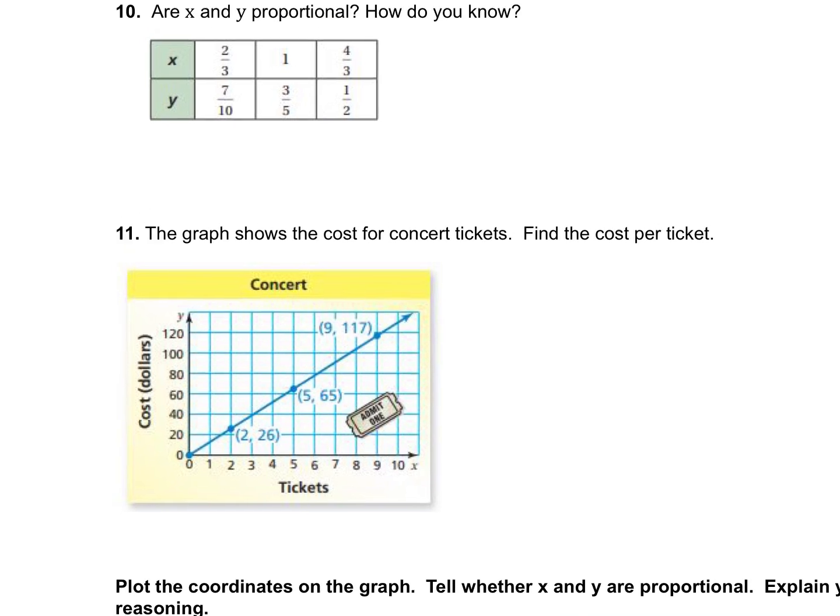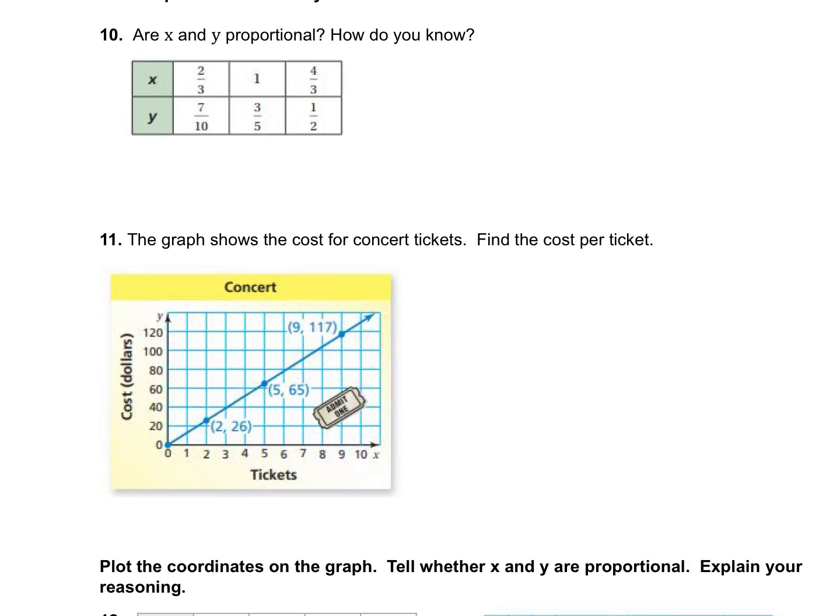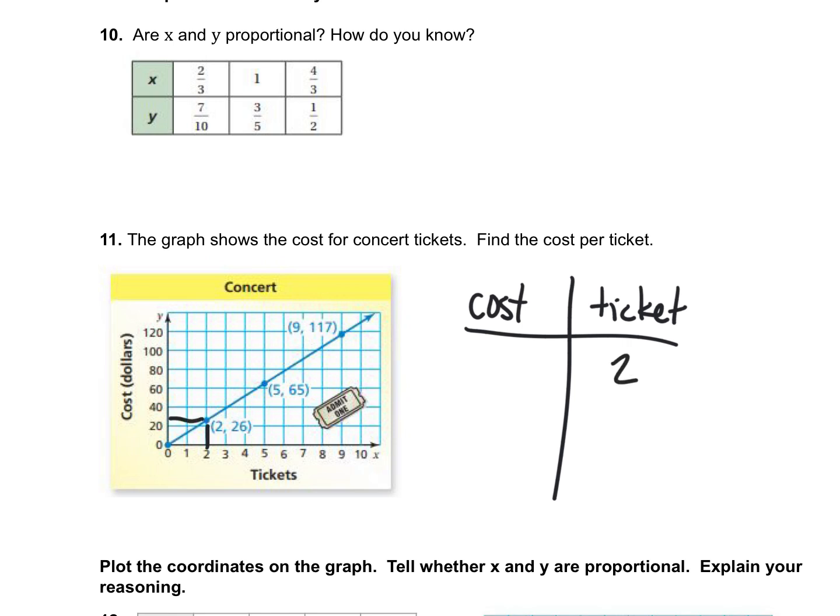Number 11 says that the graph shows the cost for concert tickets. Find the cost per ticket. Okay, so for this one, we're gonna set up a table that looks like this. I have cost and then ticket. We can look at the graph here and see that for 2 tickets, it's going to cost me $26.